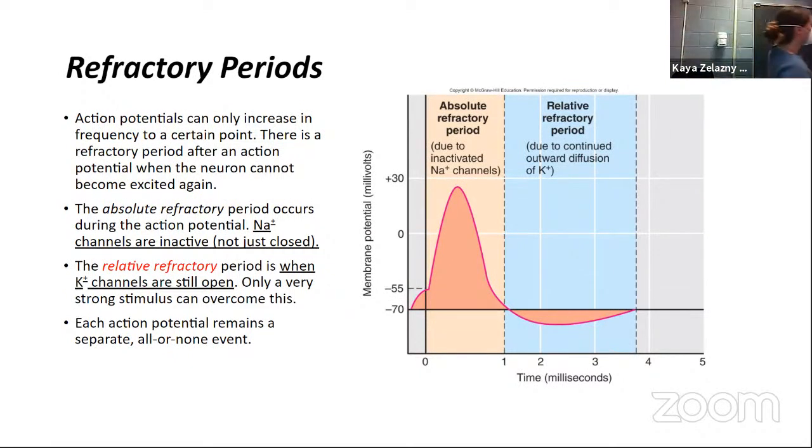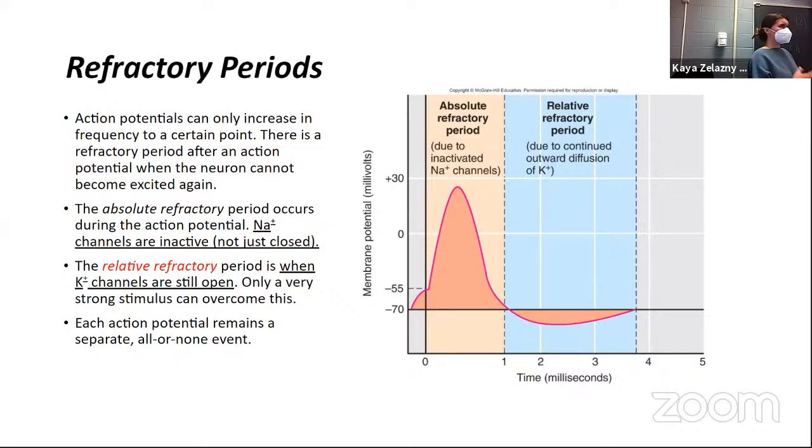So the reason for these two periods differs. The absolute refractory period is absolute because it has to do with the speed of the changes to the states of those voltage-gated sodium channels. There is absolutely nothing other than time that's going to make our voltage-gated sodium channel go back to its resting state.